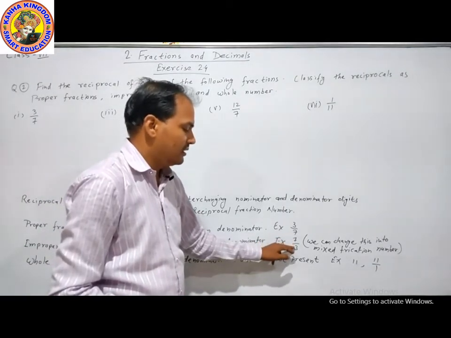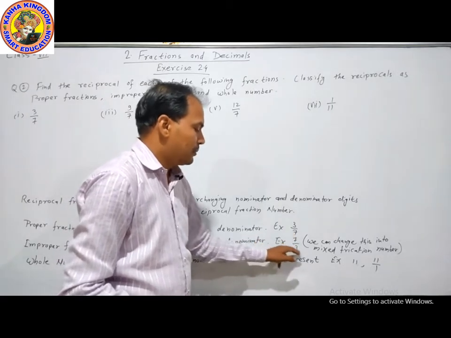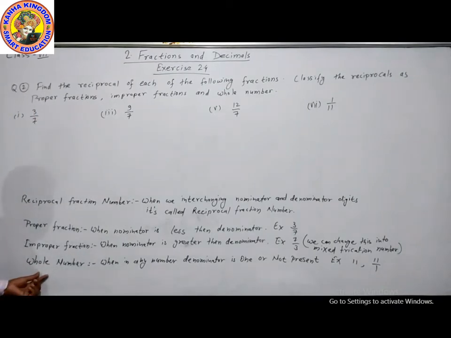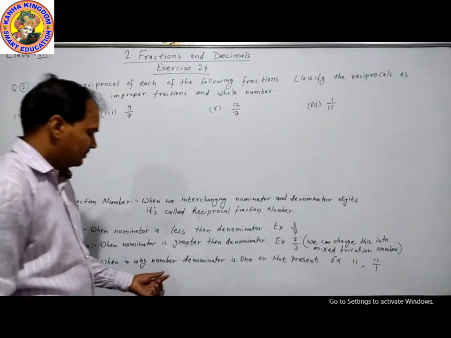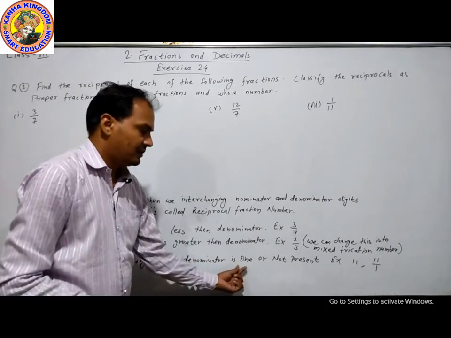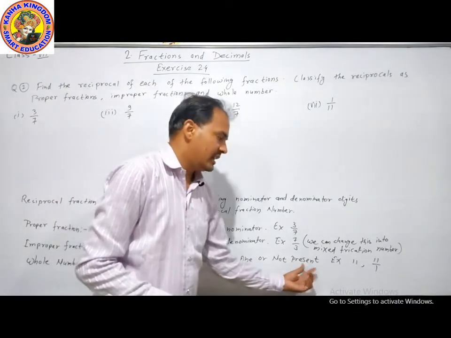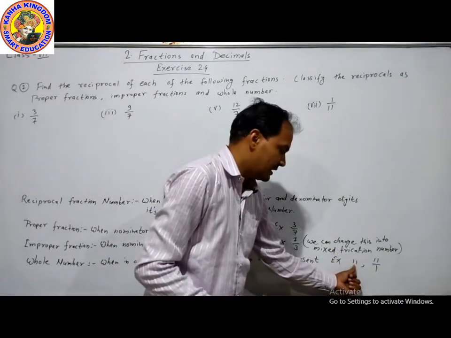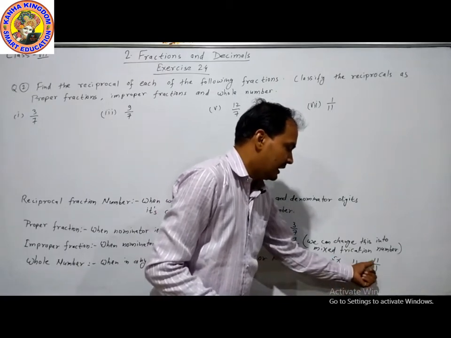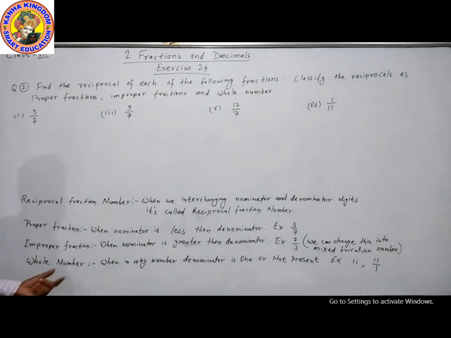Improper fraction number can change into mixed fraction number. Whole number is when in any number the denominator is 1 or we cannot see the dividing part, like 11, here denominator is absent, and 11 by 1 the denominator is 1, so this is called whole number.